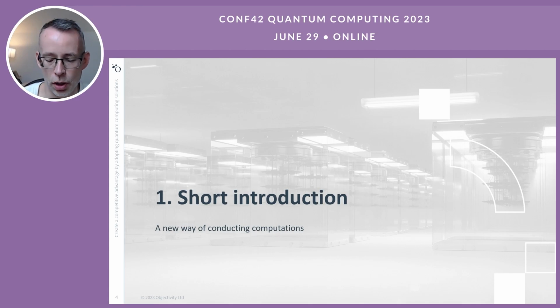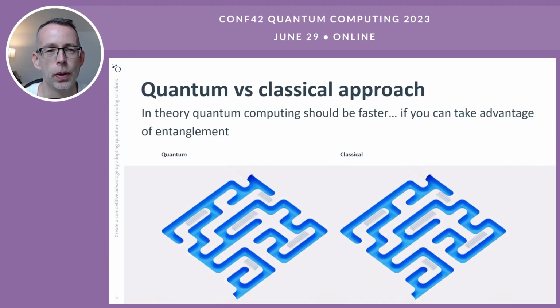Let's start with a short introduction. We're all familiar with quantum computing, right? The reason why quantum computers are potentially so much faster and scale so much better than anything else out there is entanglement. It's the sheer size of Hilbert space.